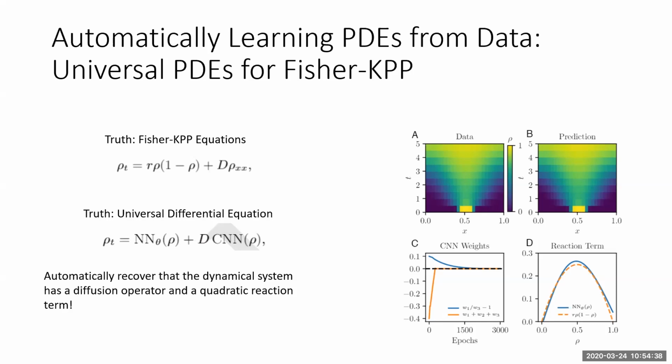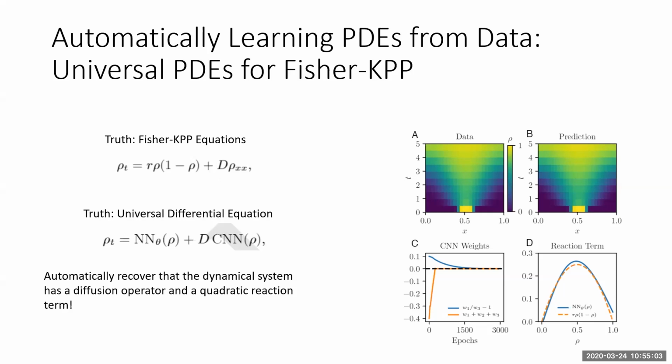What we can do is define a neural network and a convolutional neural network inside of this discretized version of the PDE. We then train the weights of the neural network and the convolutional neural network simultaneously. What the convolutional neural network learns to do is learn that the weights need to sum to 0, which has to be true for any PDE operator. They have to be conservative.